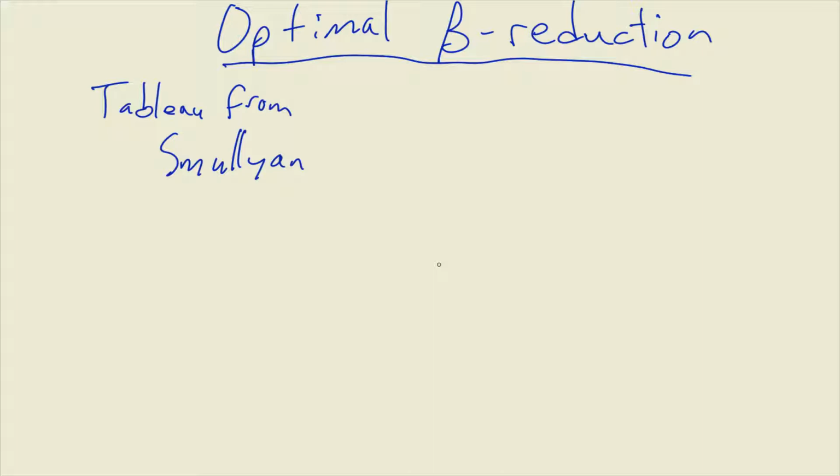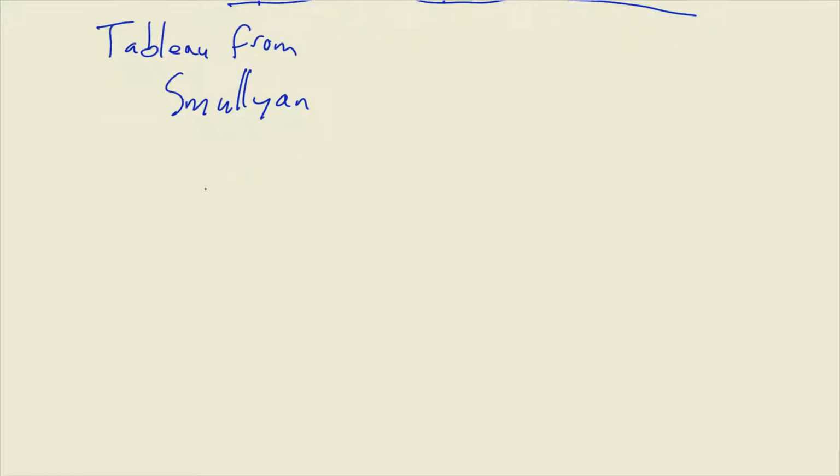Now, they're not graphically close enough to, say, sharing graphs that we would have in optimal beta reduction, but we can start to go from Tableau to those graphs with some intriguing benefits. So the starting point is that this is some kind of graphical notation for proofs.